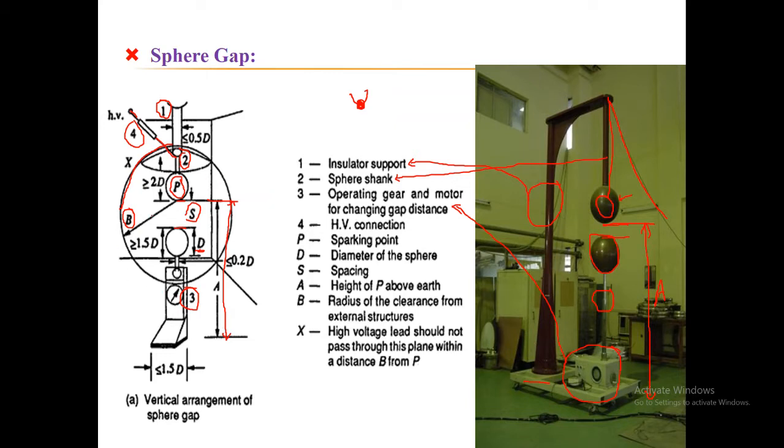I will show you the table of what the radius should be depending upon the diameters of the two spheres and so on. X represents that the high voltage lead should not pass through this plane within a distance of B from P. So again, inside this radius there should not be any high voltage connections.